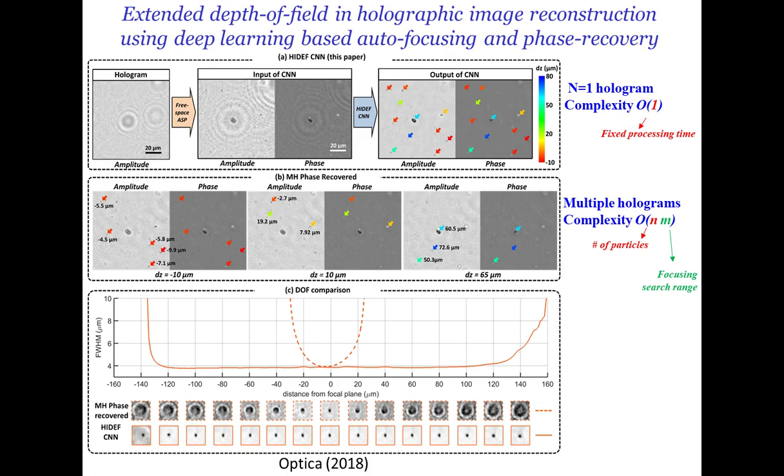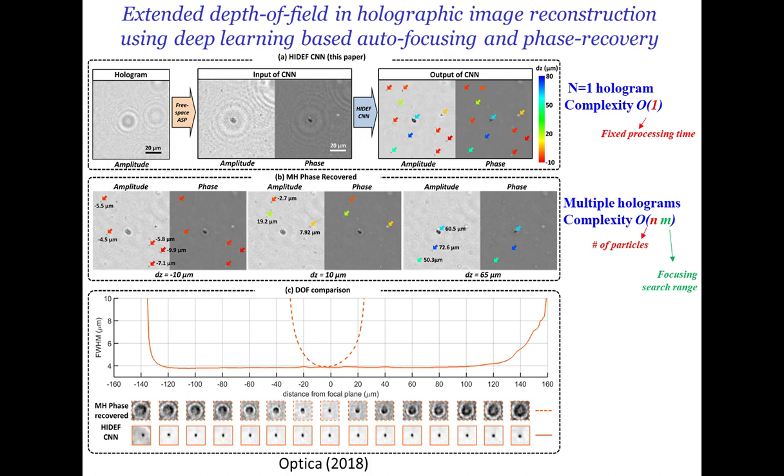For example, if you move from -10 micron height to +10 micron height, some particles get out of focus, some particles get into focus. Whereas with the network trained with focused holograms, the inference brings all of these 3D-distributed particles into focus at the same time.